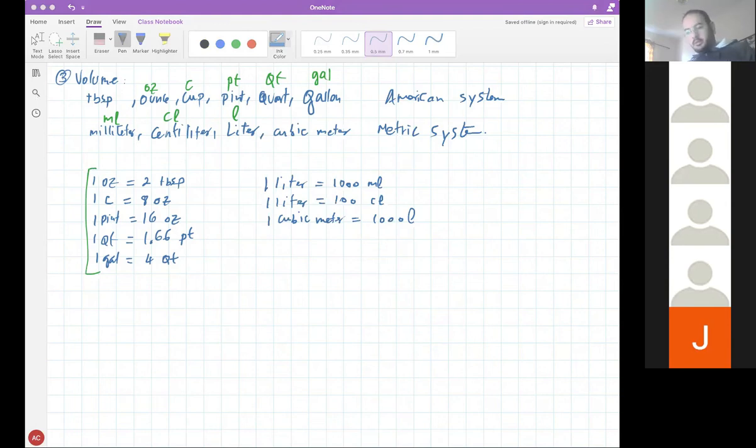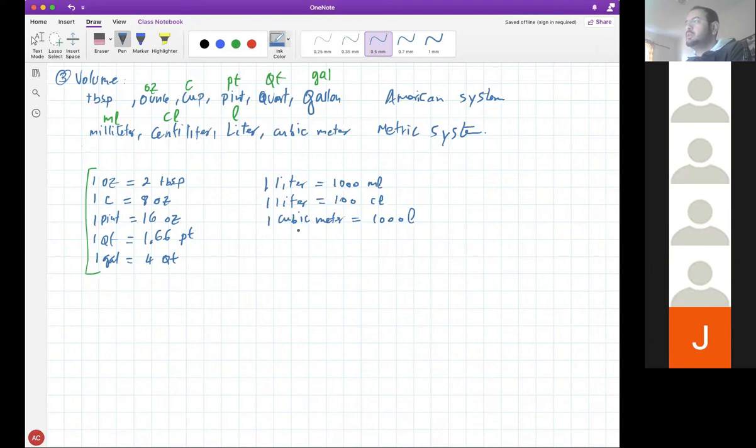What else? Let's see if there's anything else. That's right. So 1 cubic meter. Remember that. That's another important one we use to measure volume.